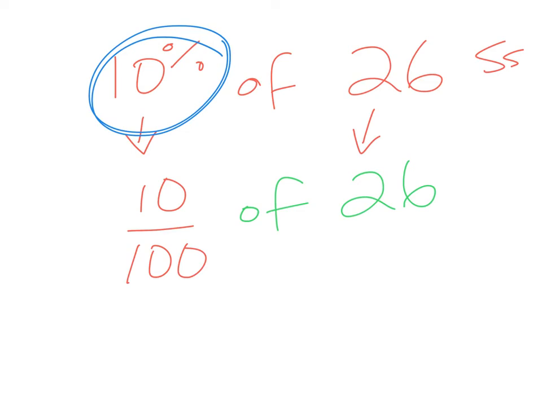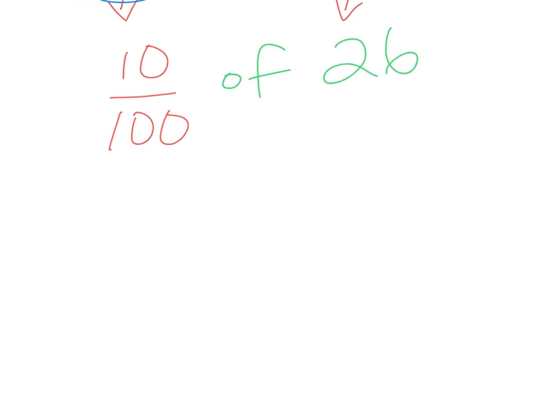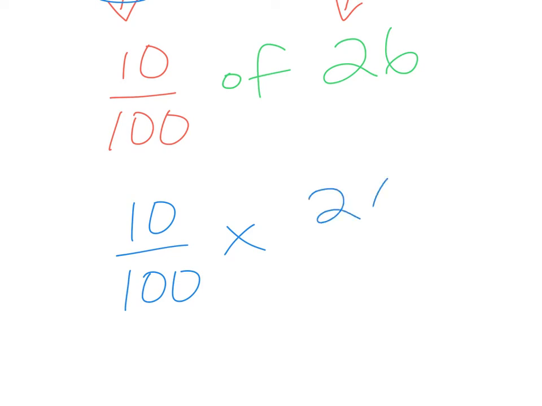Now let's continue to do the math, because what did I say? We're going to multiply. Let's just rewrite this out again. 10 times 26. If it helps you, you can even multiply across, and we'll just do this. And if you multiply it across, you're just multiplying this by that and this by that.